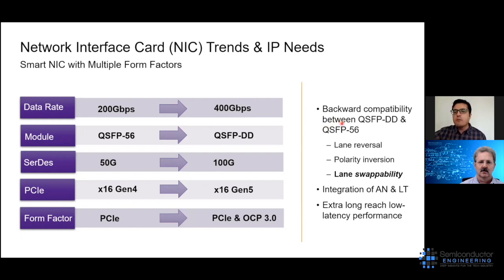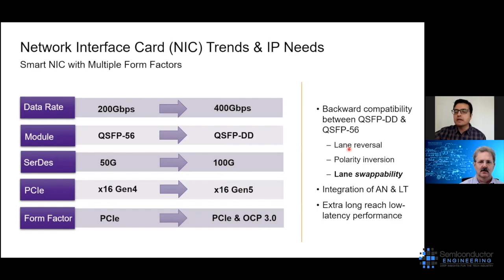So first is the form factor, QSFP-DD and QSFP56. If a design has to be backward compatible, these NIC designs have to support all these form factors which we were talking about. So to support that, a link has to support lane reversal. Multiple lanes make a link, and the requirement is that different lanes can be connected to different links and would support lane reversal.